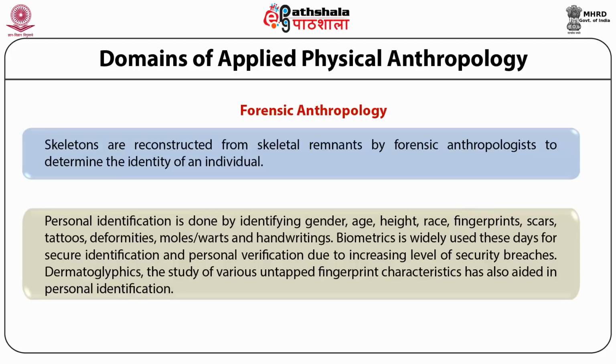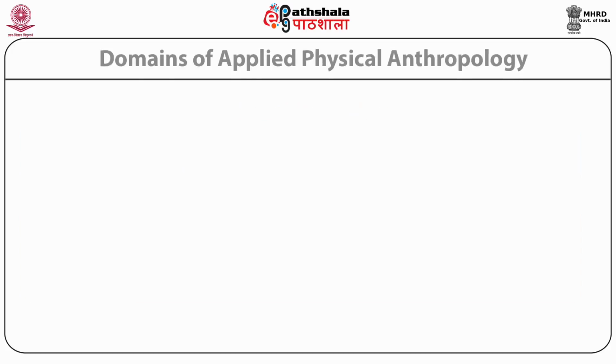It is a very important facet for both national and international security. Many organizations also use biometrics for enhanced user convenience, security, and maintaining records. Dermatoglyphics, the study of various fingerprint classification, has also aided in personal identification.